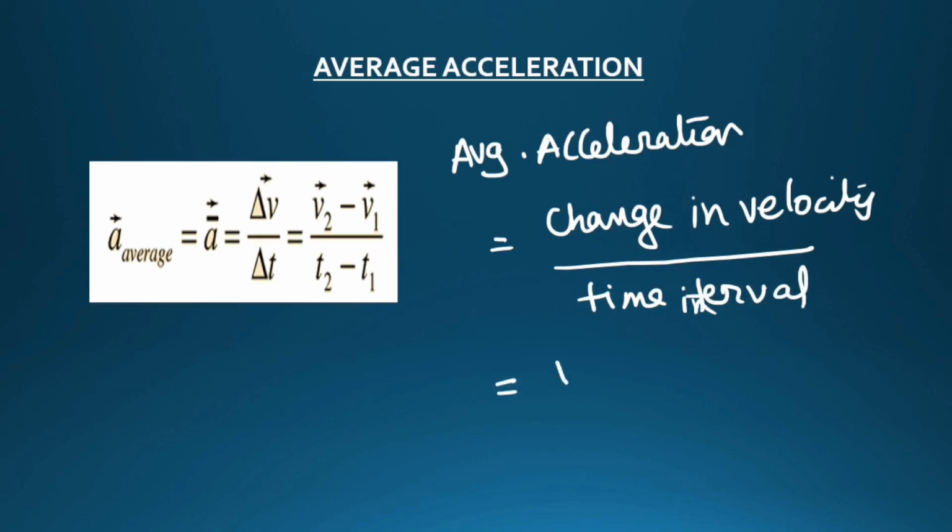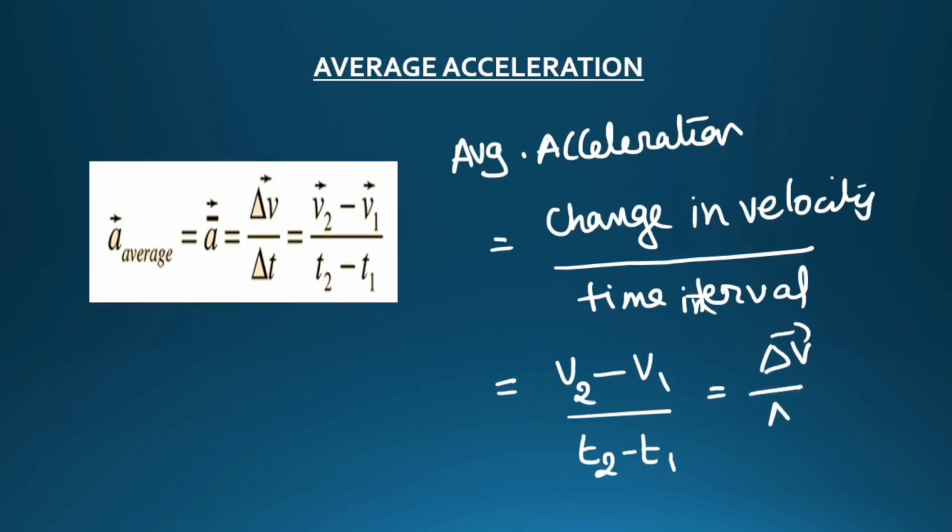That is, V2 is the final velocity and V1 is the initial velocity, V2 minus V1 by the time interval T2 minus T1. Simply it can be written as delta V bar by delta T, or we can also write dV bar by dt.